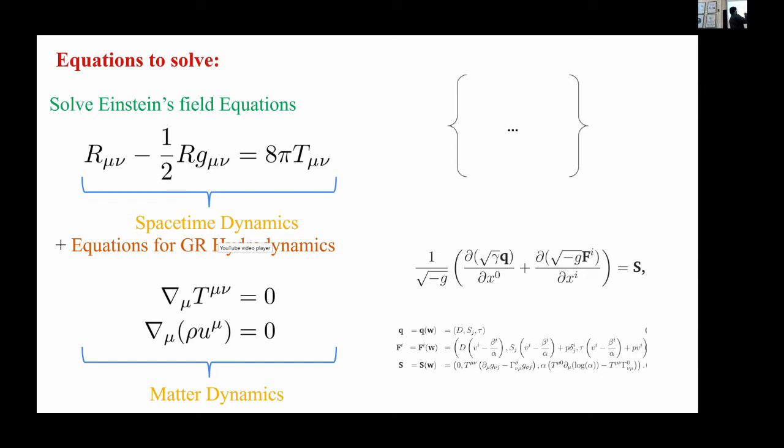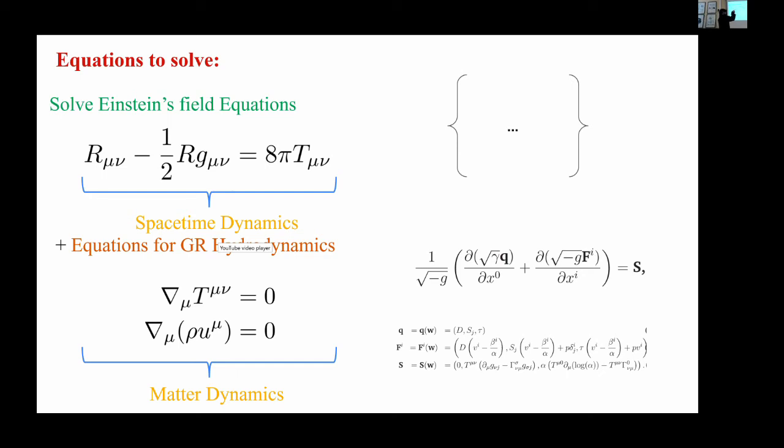And these have to be solved in conjunction with the other equations that I showed before, to understand the dynamics of the system. An important ingredient that I have not explicitly written here is the equation of state of the matter field. Especially for neutron stars, it is a very crucial piece of information that goes into the system, because this is something that we want to extract from these detections of gravitational waves and electromagnetic signals.